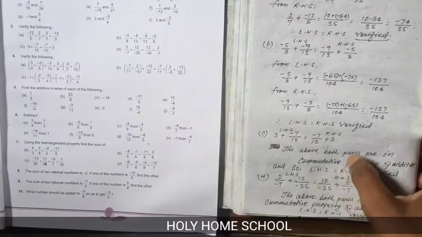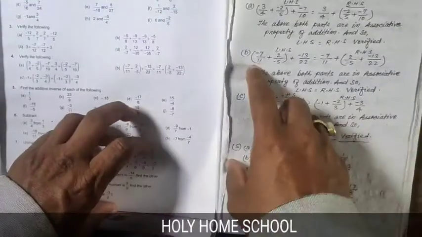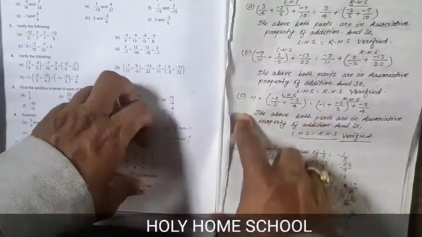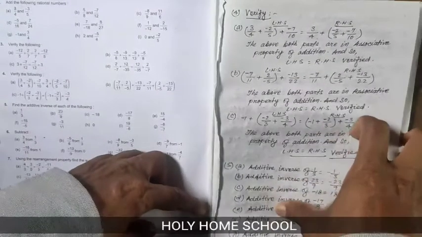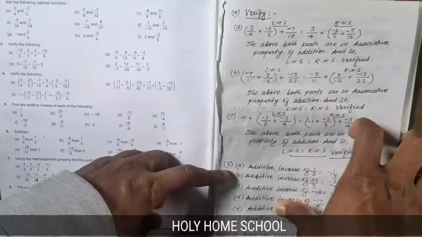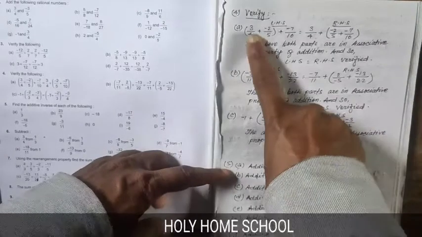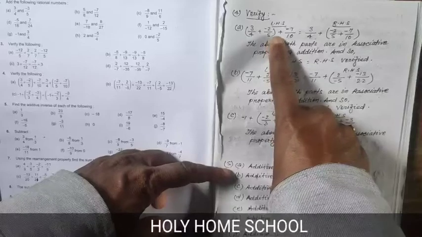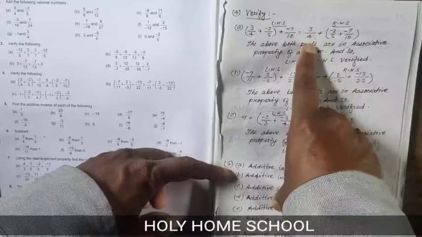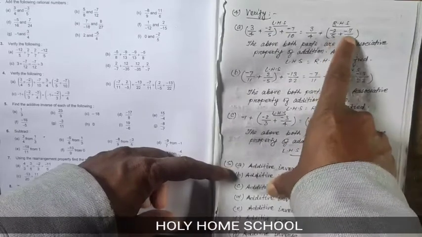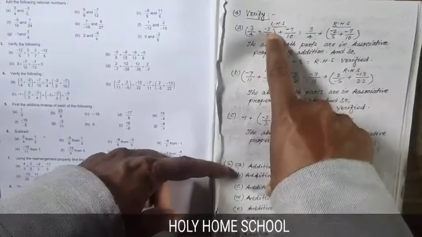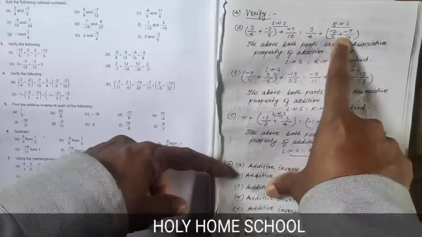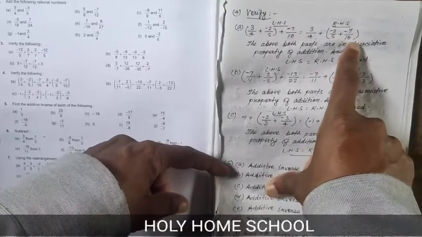D, solve by the same method. Verify for all are solved on the basis of a statement of association. It means the associative property of addition. 3 by 4 plus minus 2 by 5 plus minus 7 by 10 equal to 3 by 4 plus minus 2 by 5 plus minus 7 by 10. Here associate 3 by 4 plus minus 2 by 5, whereas here associate minus 2 by 5 plus minus 7 by 10.